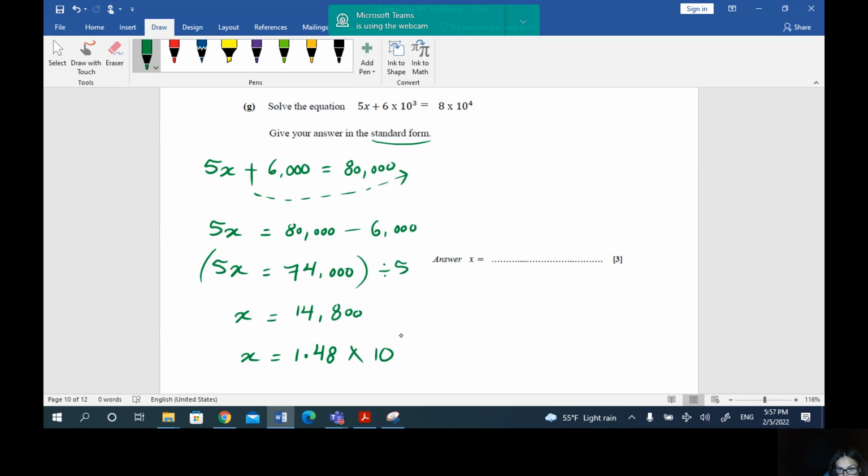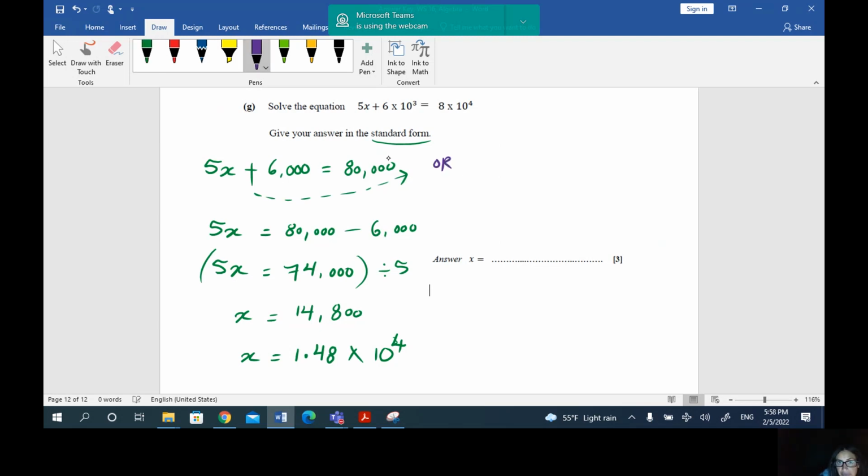If it is 1.48 times 10 to the power of 3, which is times 1,000, it will be 1,480. If it is to the power of 4, then 1.48 times 10,000 will bring it back to 14,800.